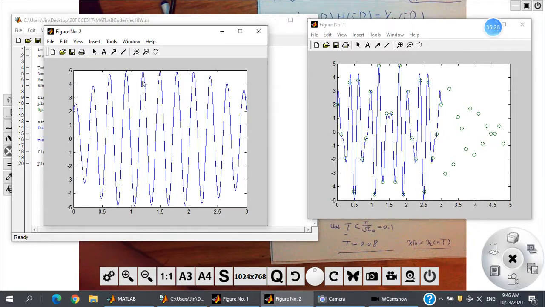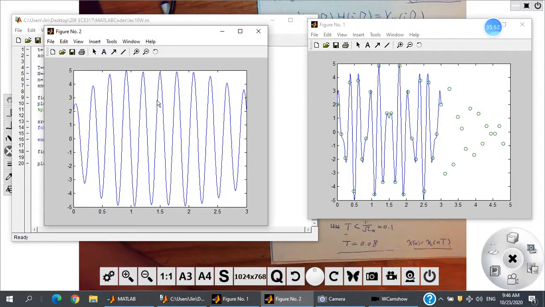Yeah, we have these. This is totally different from the original signal. The original signal has more details, but now I use a T that is a little bit larger than the Nyquist. Then when you restore, you have a signal that looks like this.